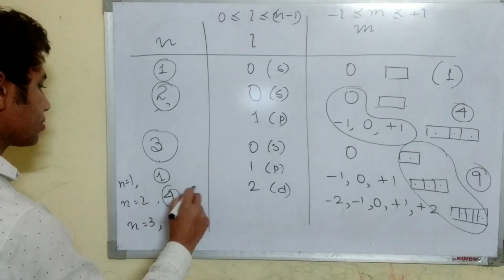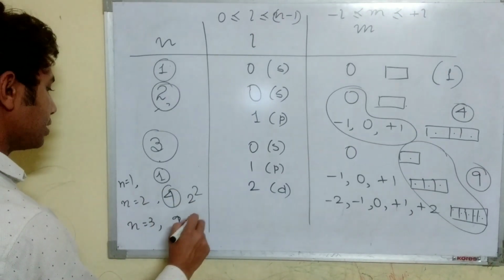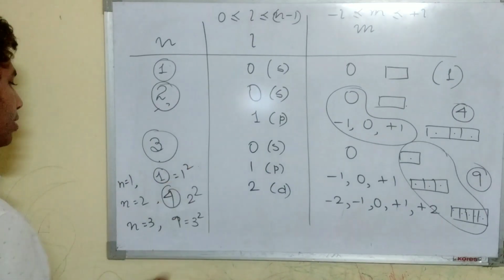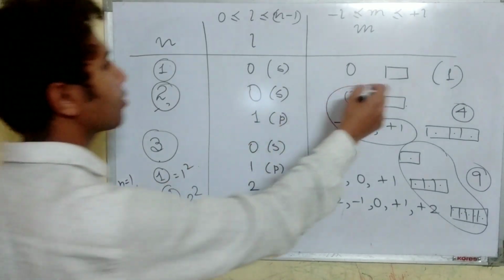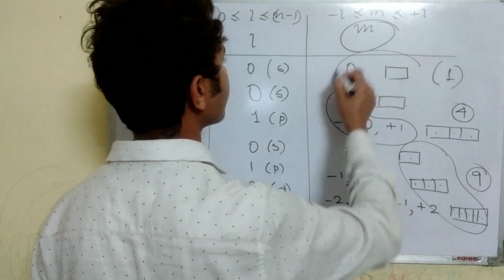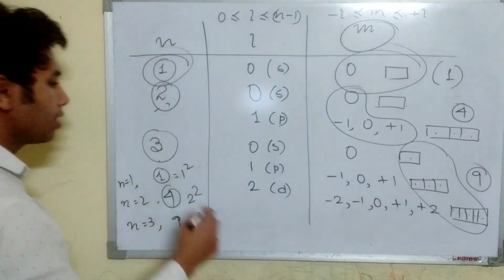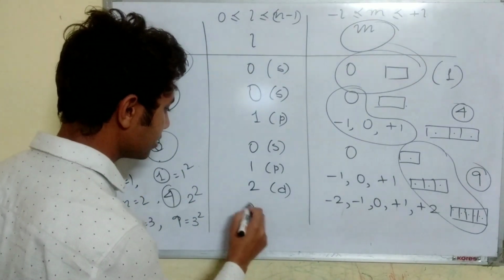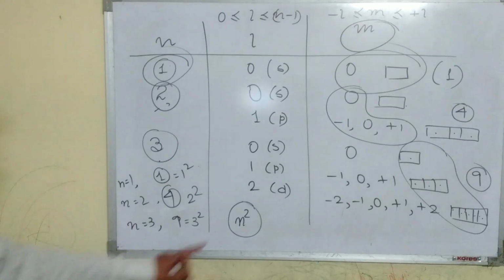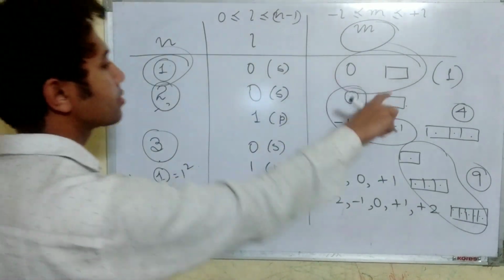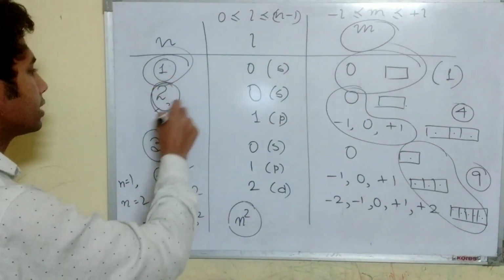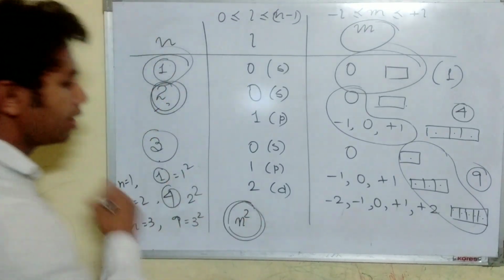Means it is 1 square, it is 2 square, it is 3 square. So total number of orbitals in a given shell will be equal to n square.